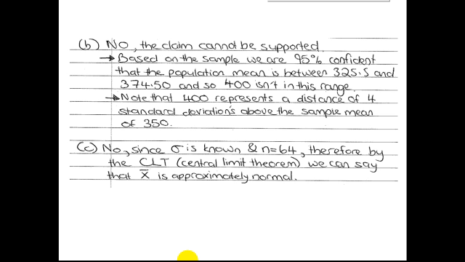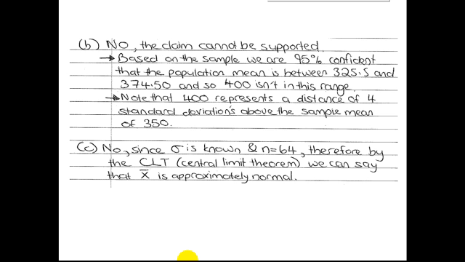Given the data we've been working with, we're 95% confident that the range for the true population mean is between 325.5 and 374.5. So 400 certainly isn't in that range, and because it's so far away from the sample mean, 4 standard deviations, it's very unlikely that we would get a sample mean that far away if the population mean was 400.